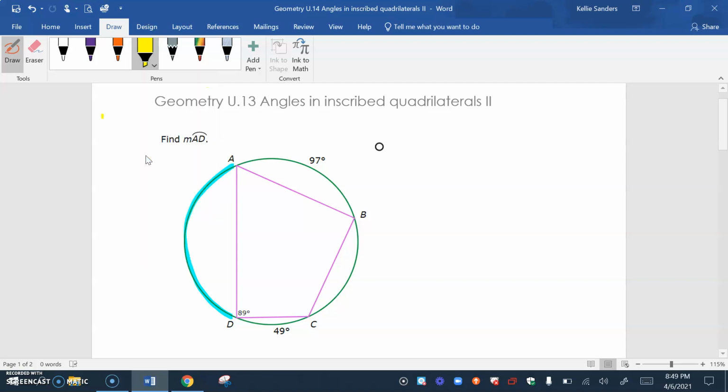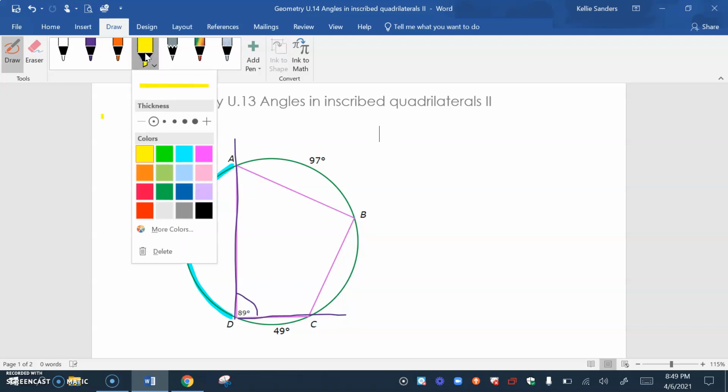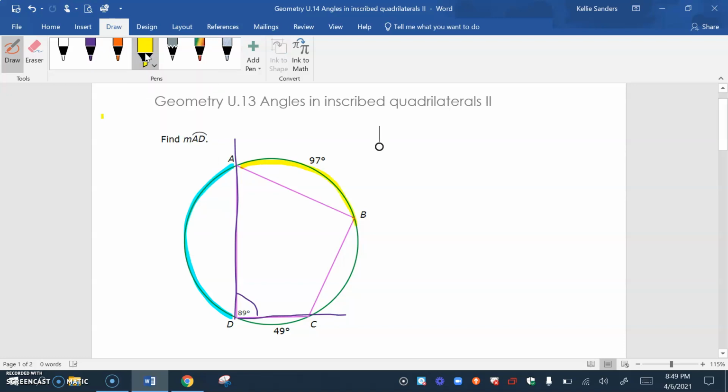You could do it a couple of different ways. Let's see what we have first. Okay, so this is 89 degrees. So this angle right here makes this arc. So if I multiply 89 by 2, I get 178.